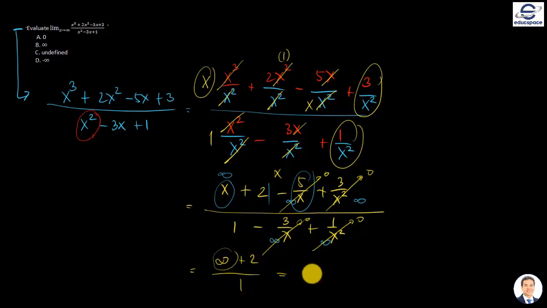Plus 2, of course, it will retain infinity. This means that by observation, if you see this kind of equation, and the highest exponent in the numerator is greater than the exponent of the denominator, then most likely the answer is infinite. That is positive infinity. So the answer here is letter B.